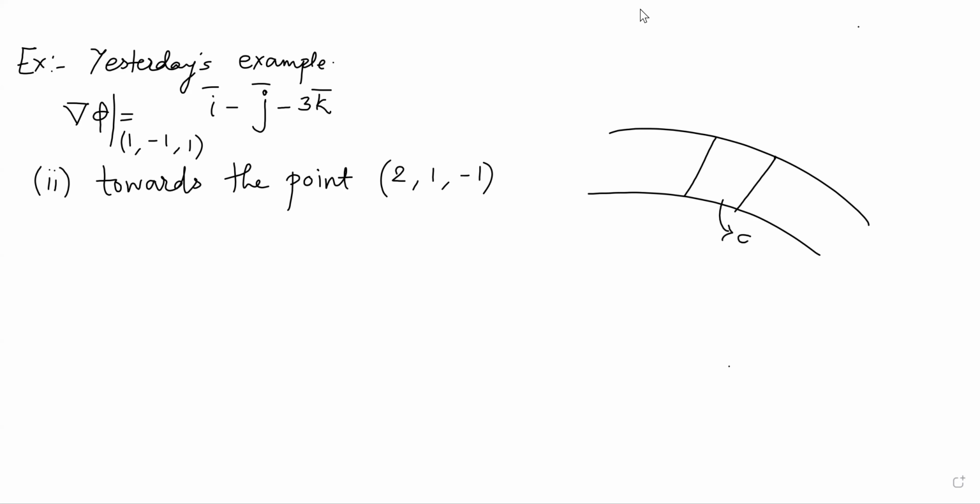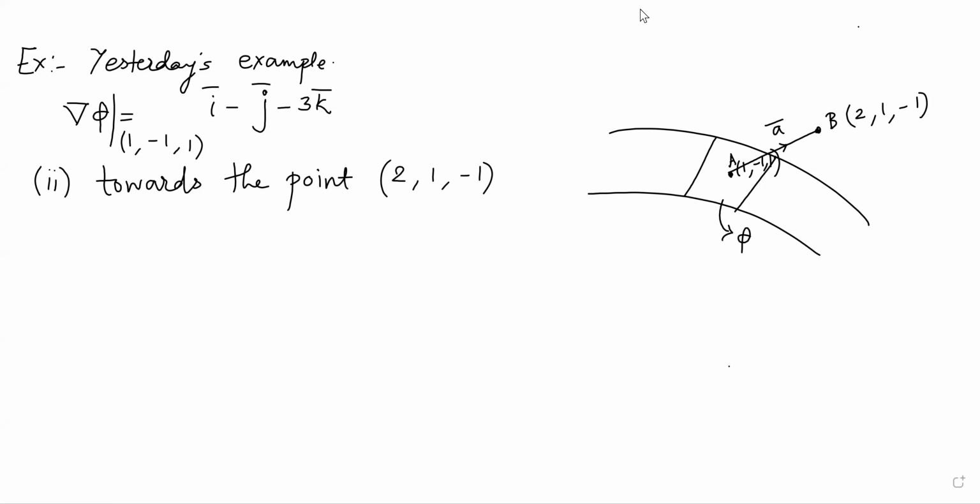That's our phi given, and then we have a point here, say (1, -1, 1). And now towards the point, say B, the point B is (2, 1, -1). So this is your vector a bar in this case.